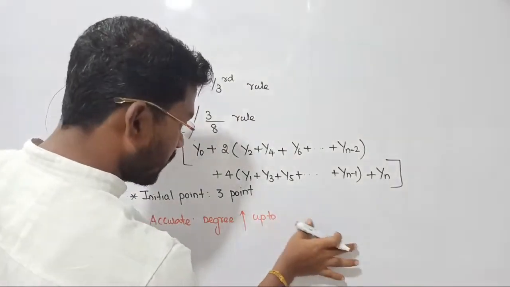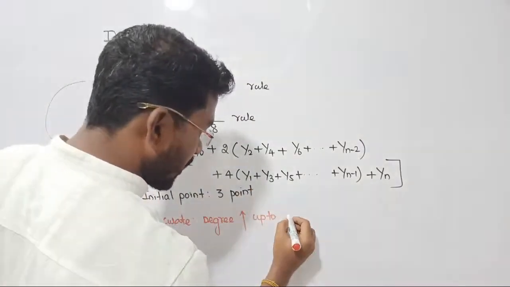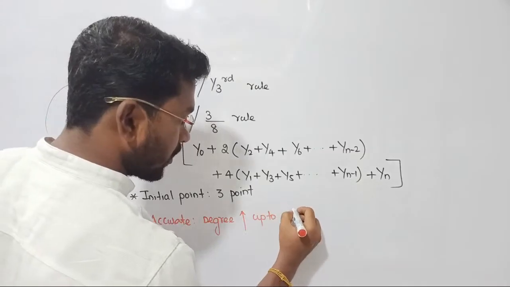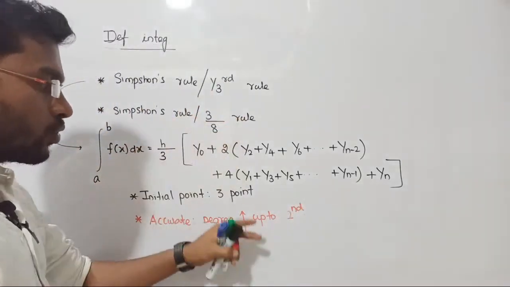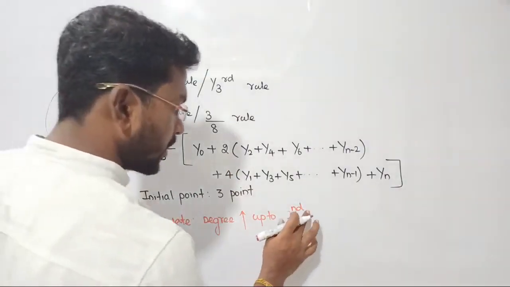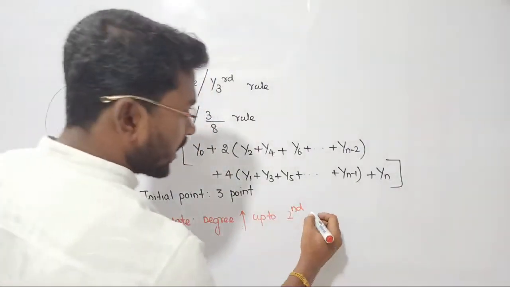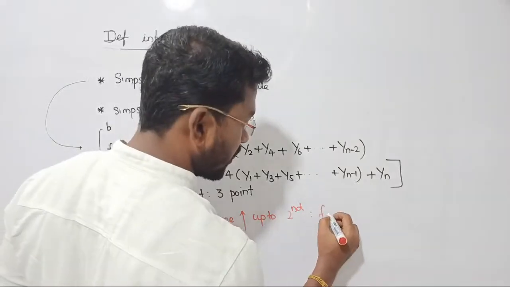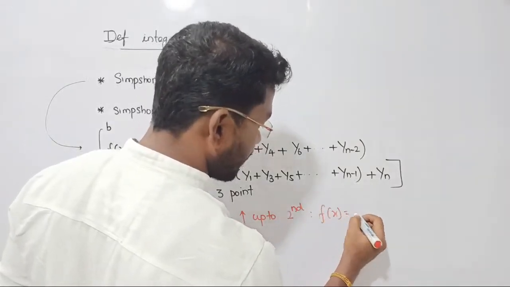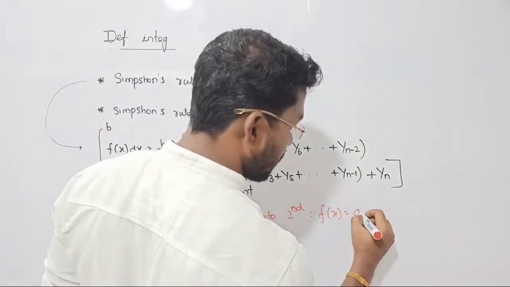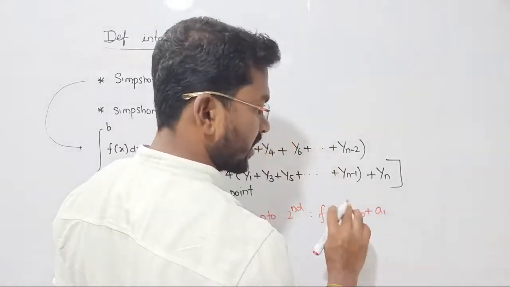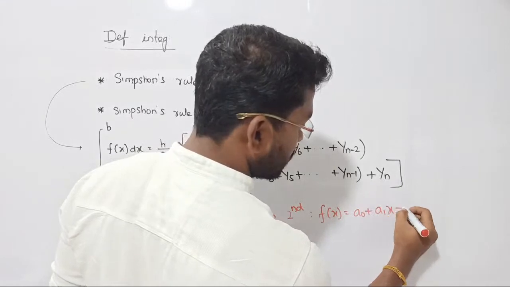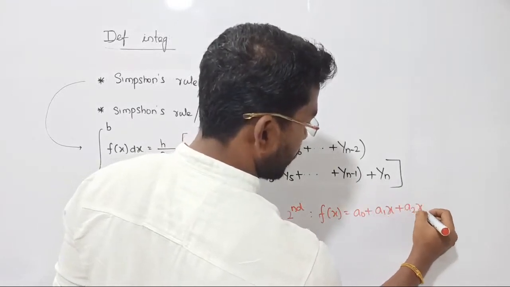Let me write here itself. For Simpson 1/3 rule, you can raise the order up to second. Simpson 3/8 rule I will write separately, that will be much better. Second degree means a function f of x can be written as a0 plus a1 x plus a2 x square.